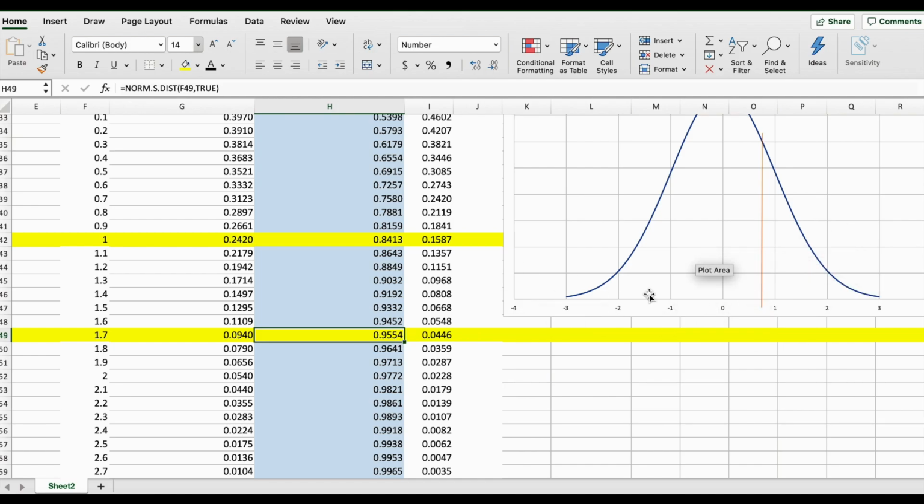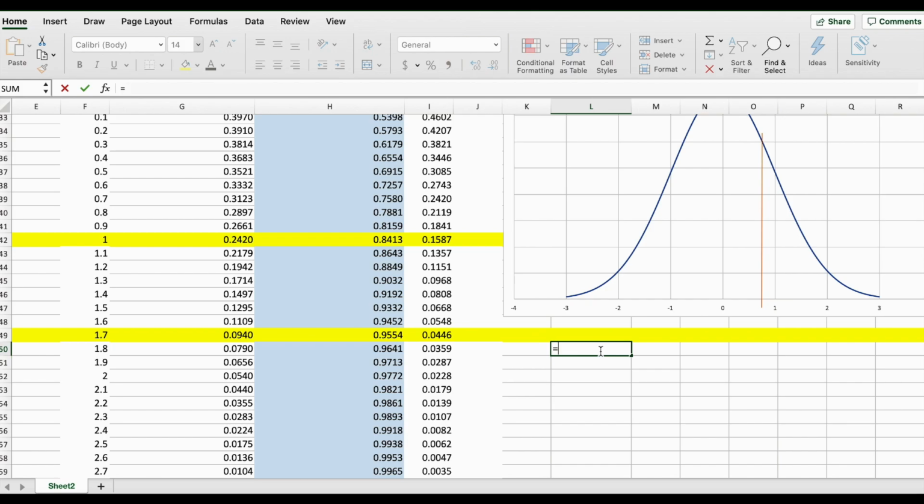So that means on the left side of 1.7, the area is equal to 0.9554, or around 95.5%. Another way to say this is your 95th percentile is around 1.7 under your standard normal curve.